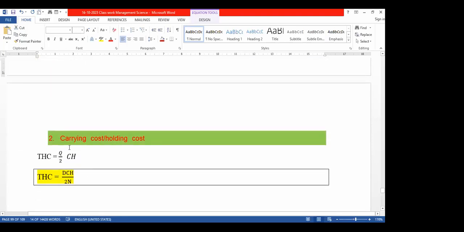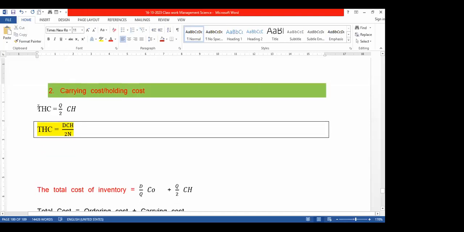Then I am moving to carrying cost or holding cost, right? Total holding cost is equal to Q over 2 times CH, where Q means EOQ, economic order quantity, and half of it is the average inventory. CH is the carrying cost per unit per annum, per year, right? So if you divide and multiply, then you can calculate the total holding cost.